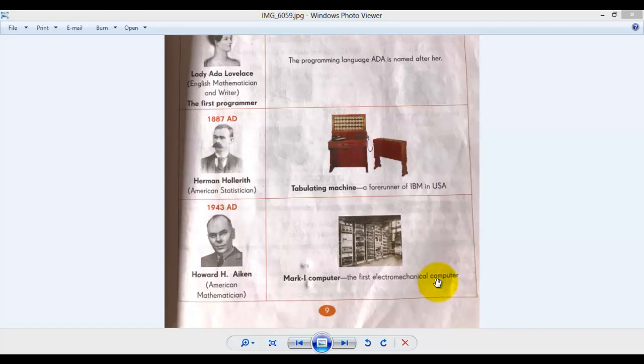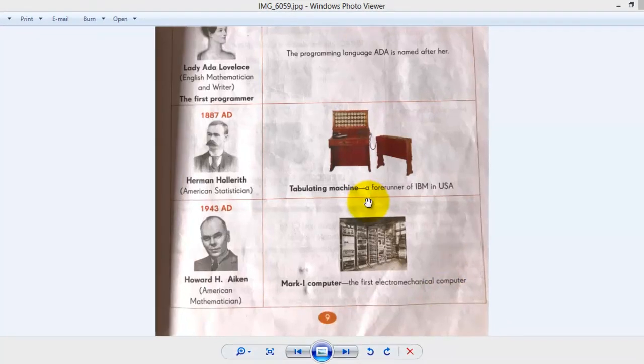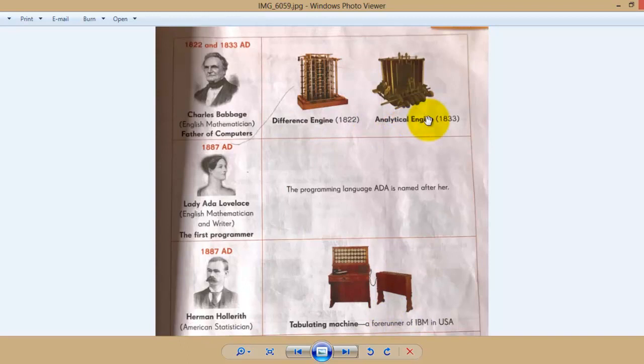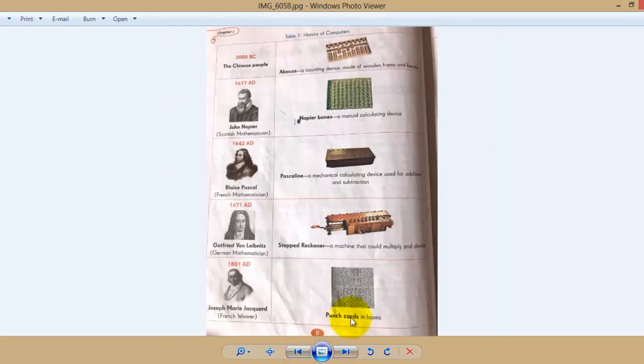That is a mechanical device which is electrically operated. Electricity is being used in this device. That is why it is called an electromechanical computer. But in earlier devices, that is the tabulating machine, difference engine, analytical engine, punch card, Stepped Reckoner, Pascaline, Napier bones, and abacus, we don't use electricity. That is why they are not called electromechanical computers.